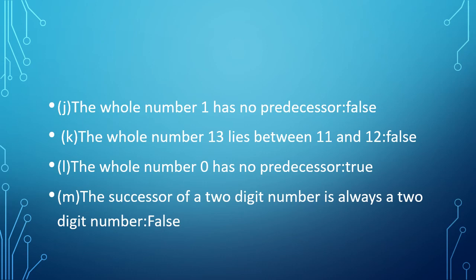False. The whole number 13 lies between 12 and 14. The whole number 0 has no predecessor. True. The successor of a two-digit number is always a two-digit number. False. Example, the successor of 99 is 100, which is a three-digit number.